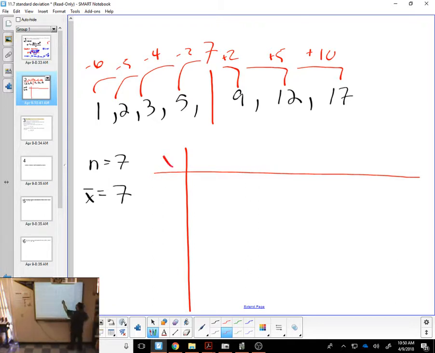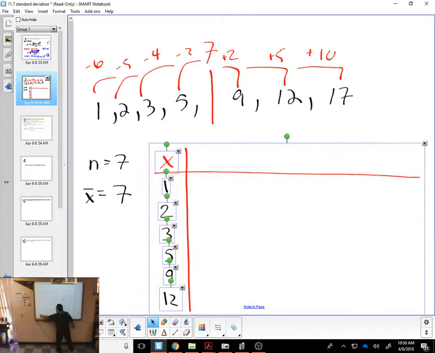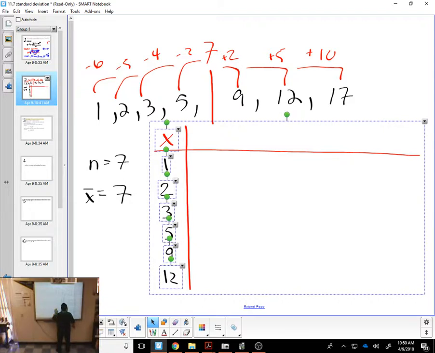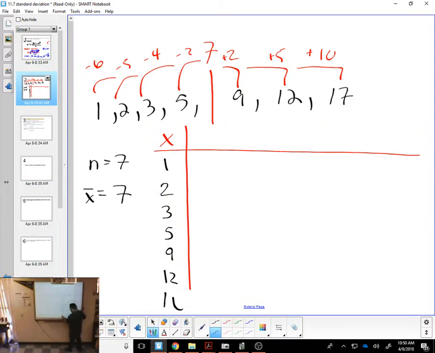So, first one, we're going to write all of our x's in there, which happen to be 1, 2, 3, 5, 9. I'm not going to fit here, are they? Let me do this. Whoa! And then finally, 16. Oh, my bad. Okay? Get rid of all this.